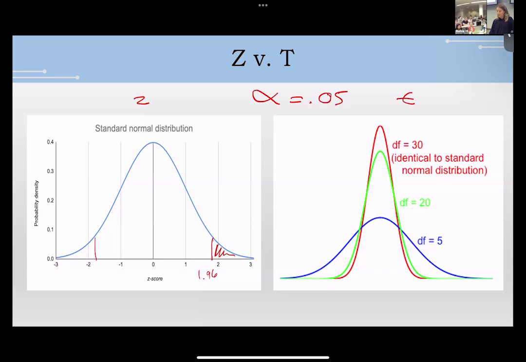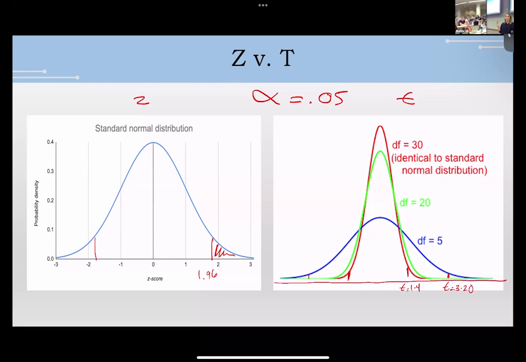For degrees of freedom 5, because it's so wide, to get 5% in both tails, you have to be way out here, right? But for degrees of freedom 30, you can be here. And this is the same axis. So this might be a T of 1.4, and this is a T of 3.2. I'm just making up those numbers, right?